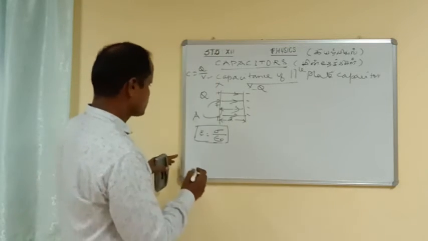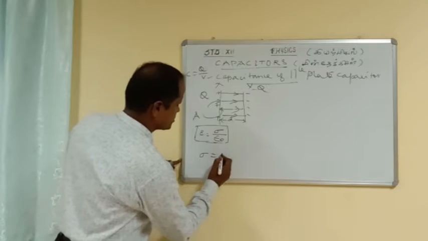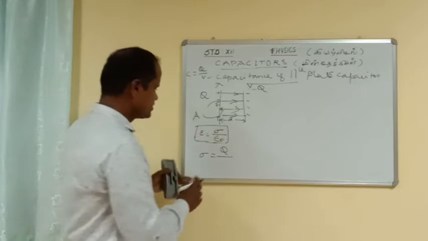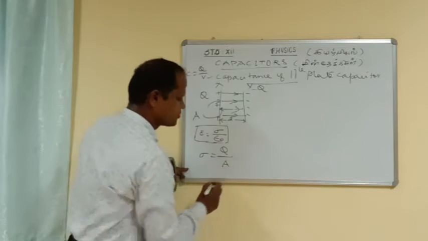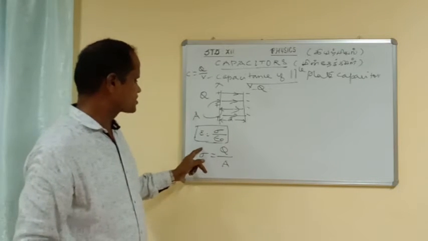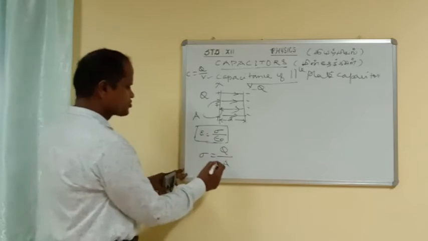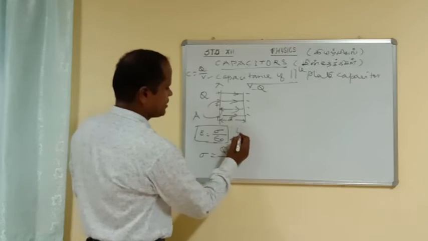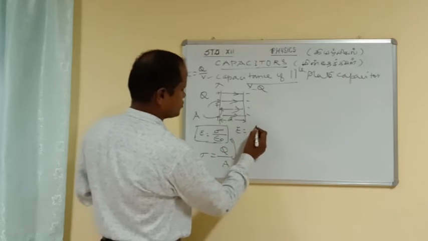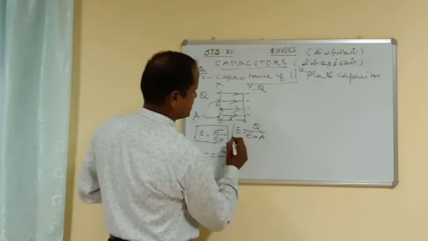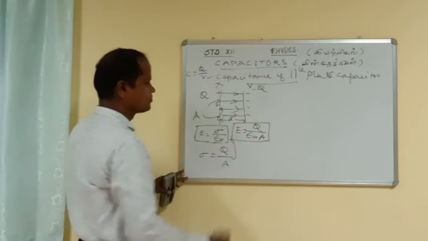So sigma is equal to the total charge on any one of the plates divided by the total area of the plate. This is the surface charge density. You substitute this value here. So E becomes Q by epsilon naught A. This is the electric field.